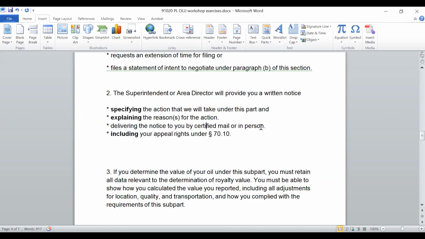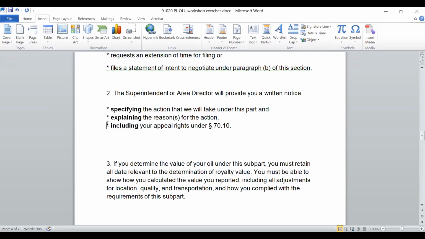So what we're going to have to do is take this out, get the list up, and change this to we will deliver the notice to you by certified mail or in person.